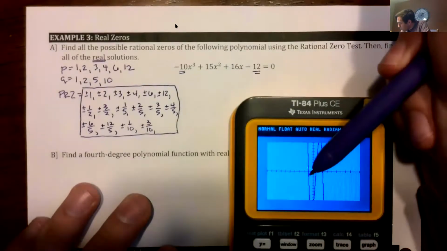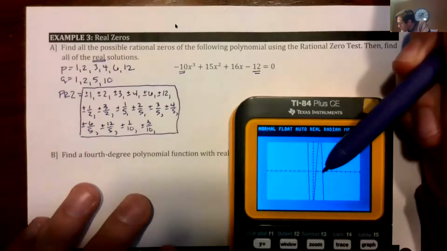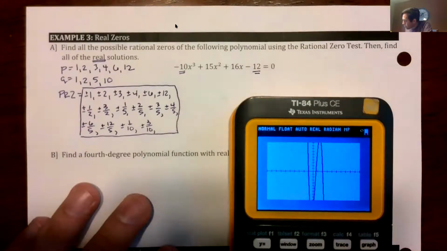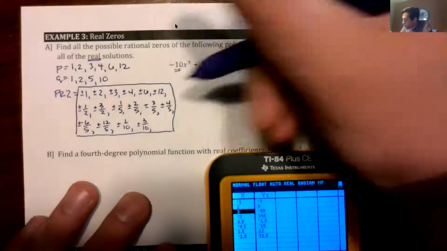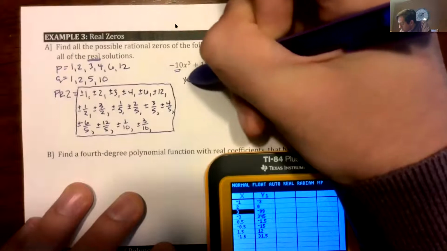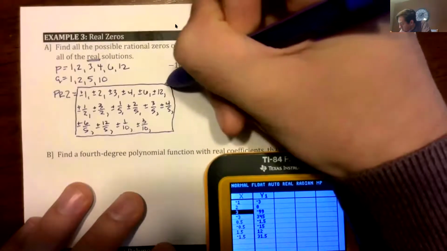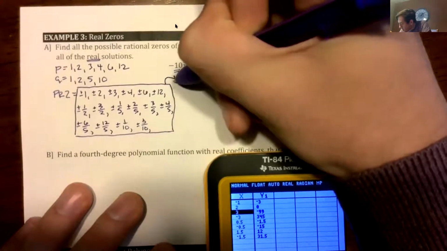So I have one that looks like it's right around negative 1, and one that looks like it's at 2. So first I'm going to check that. Do we have one at negative 1 and at 2? No. Okay, we do have one at 2. So the possible rational zeros are leading us to this.